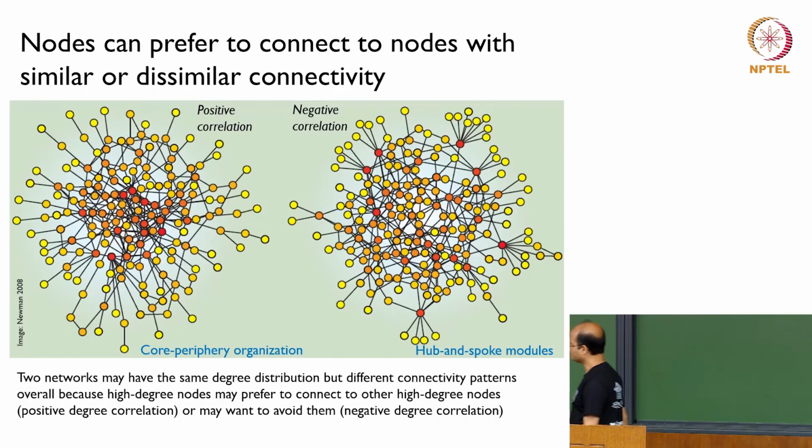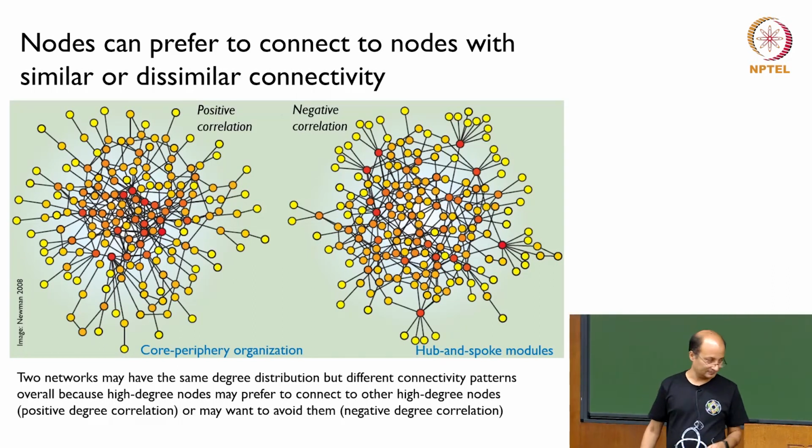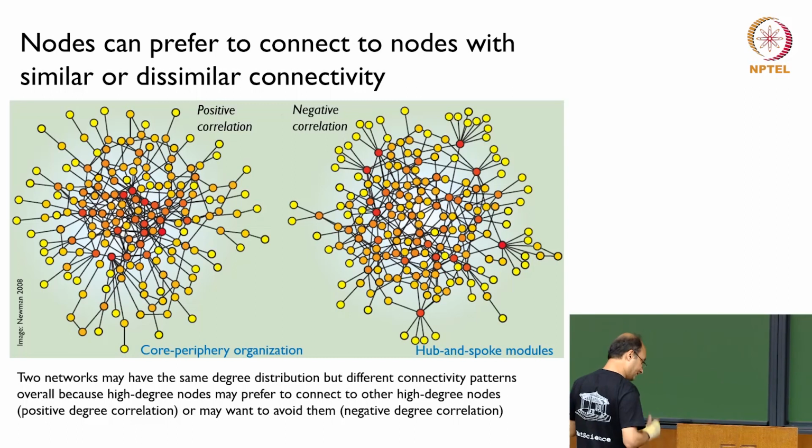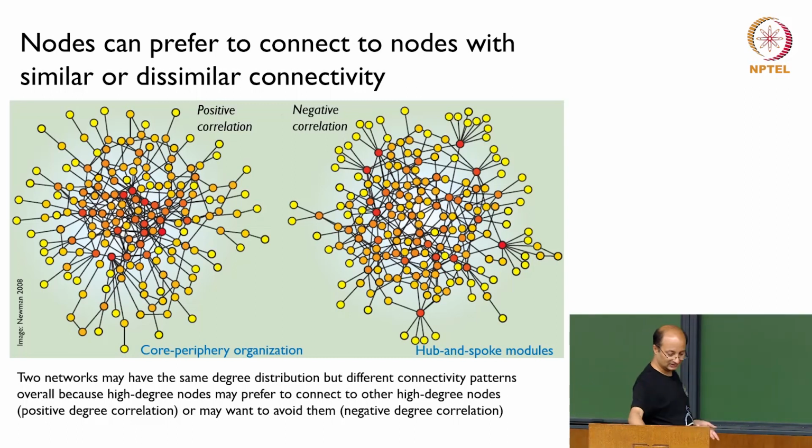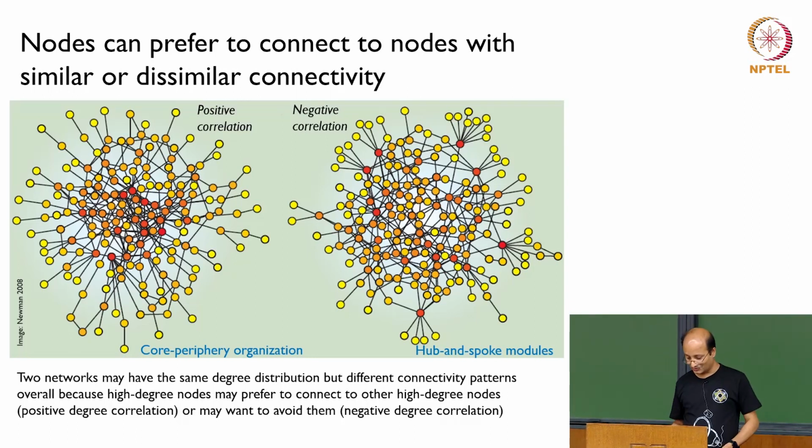And you can see the difference in the architecture of assortative and disassortative networks in these two schematic pictures which I've taken from Newman's book. Notice that both the networks have the same degree distribution, but the connectivity pattern is very different, which is visually apparent.